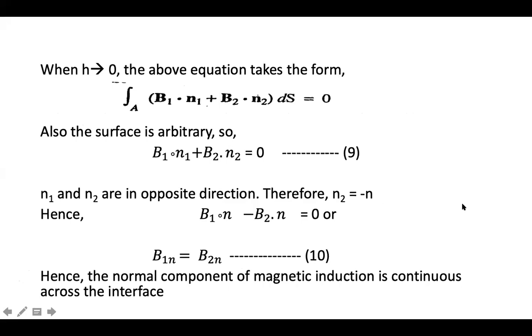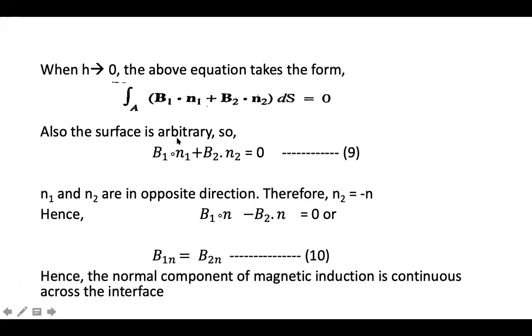We'll apply the same limit. When h approaches 0, the above equation takes the form of the integral over A, because the surfaces S1 and S2 go towards S, which is now the area of cross section, capital A. Hence the integral looks like this: integral over A of B1 dot n1 plus B2 dot n2 is equal to 0.